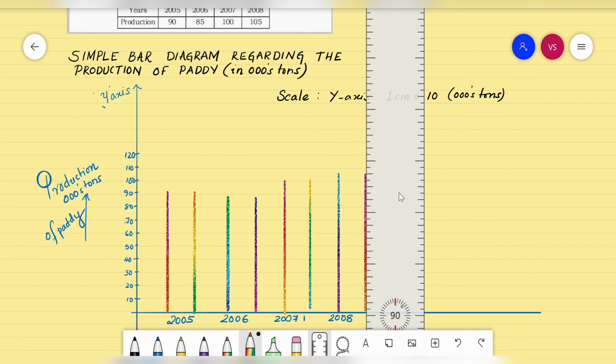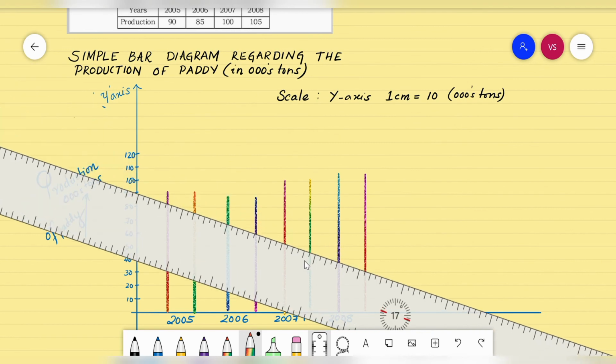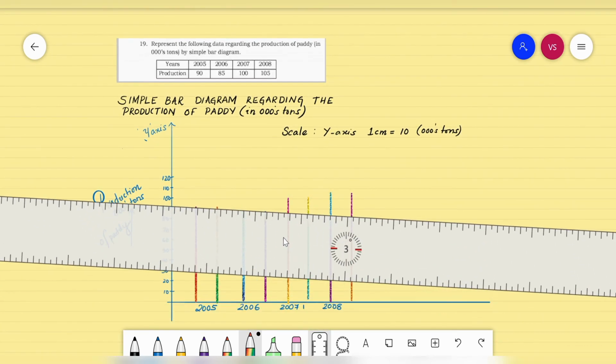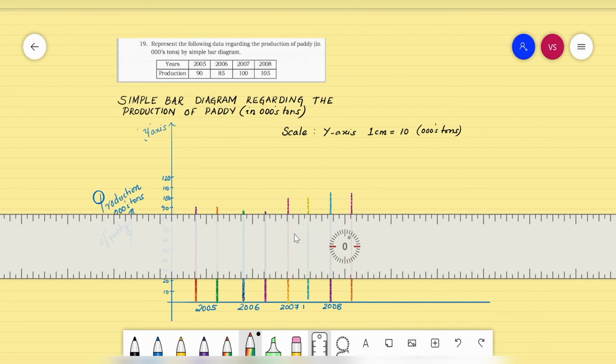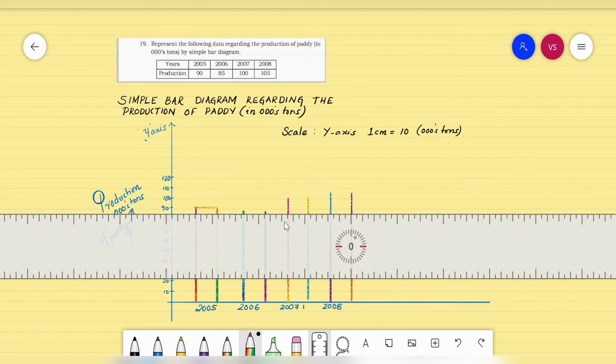Okay, right. So I'll just close these vertical bars. You can clearly see here. I'll draw one line, then one more line here, which closes the bar.